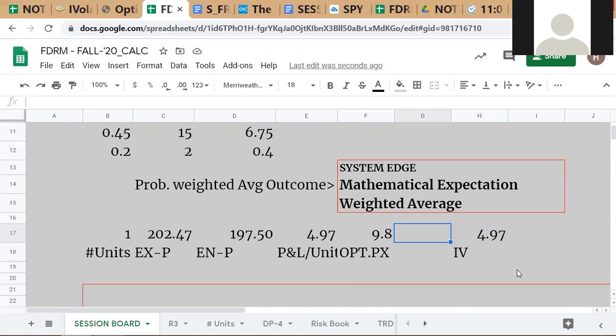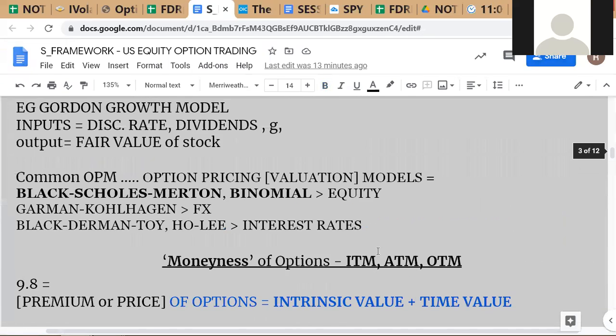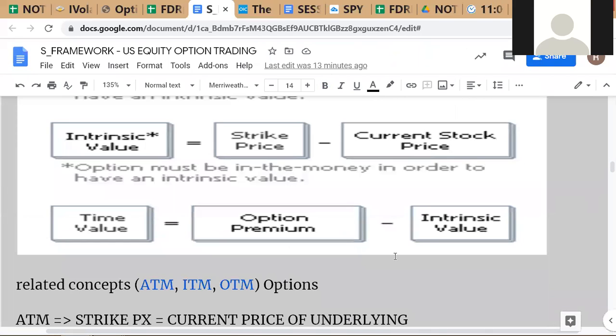Now we are going to break up the option price into the IV and the TV. I'll just finish off the whole session and then the whole discussion. TV is very easy, TV is mechanical. The main conceptual understanding here is the IV.